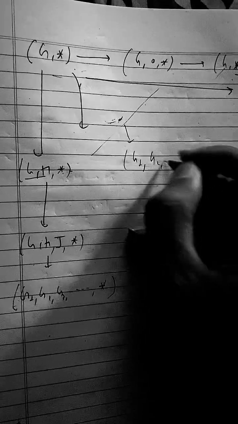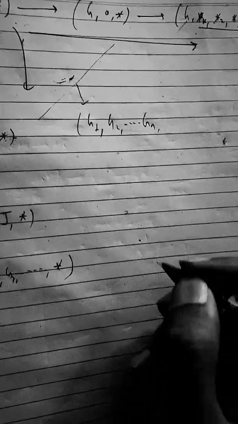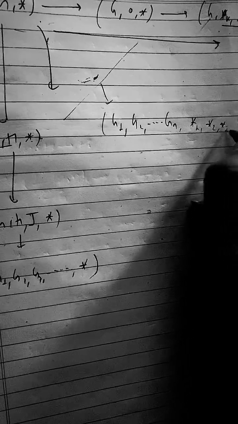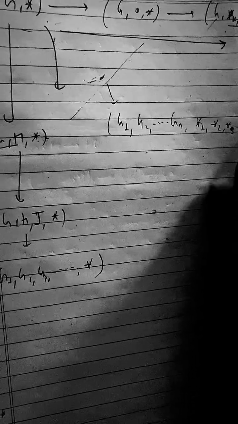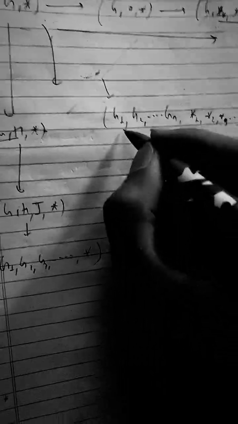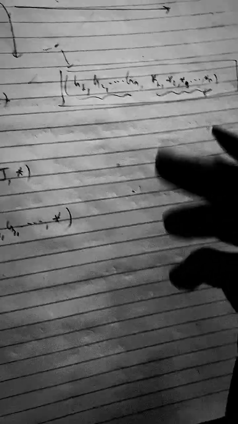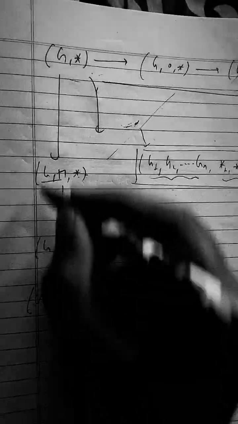Let's say G1, G2 up to Gn, n number of sets, and then we also have operations star 1, star 2, star 3 up to star n. Many sets, many operations, and this is also a structure, right? We define this, right?